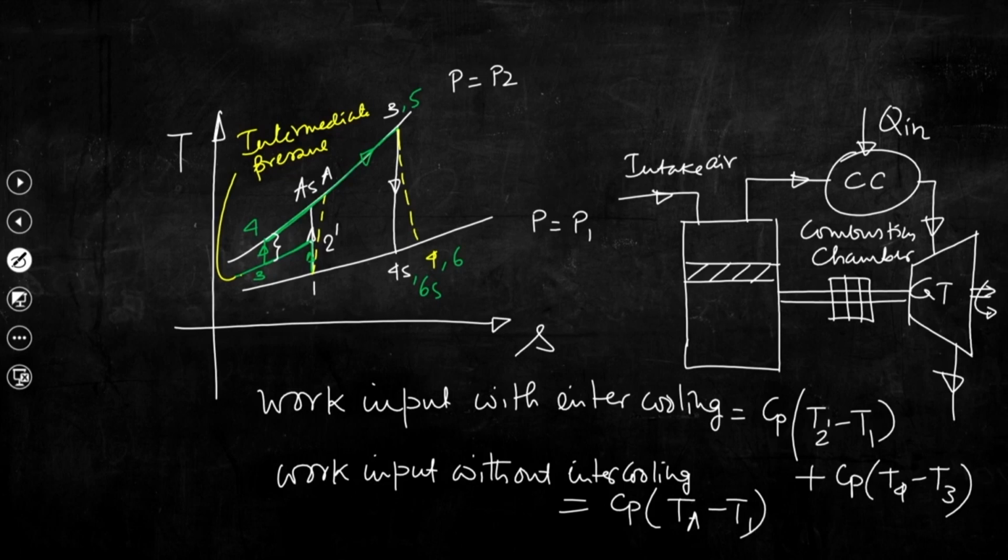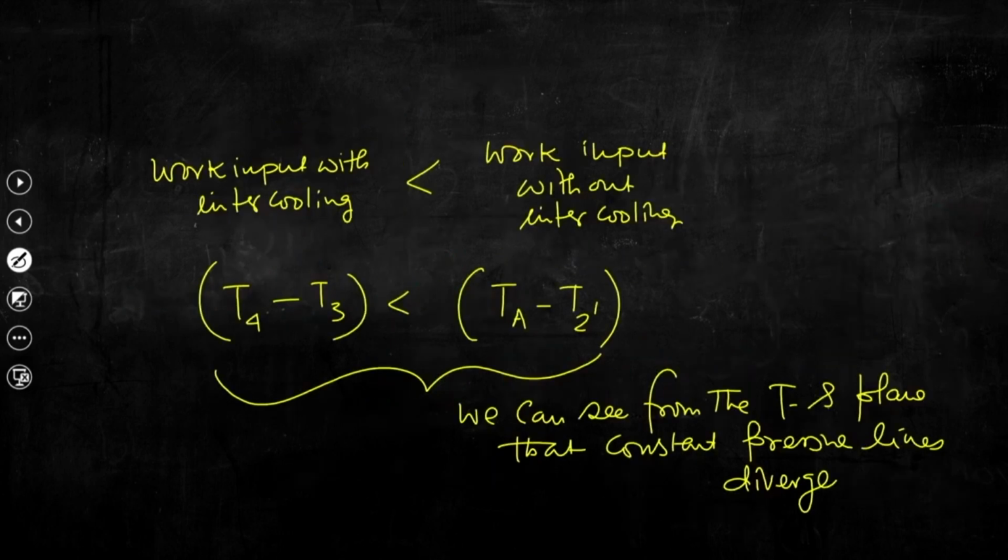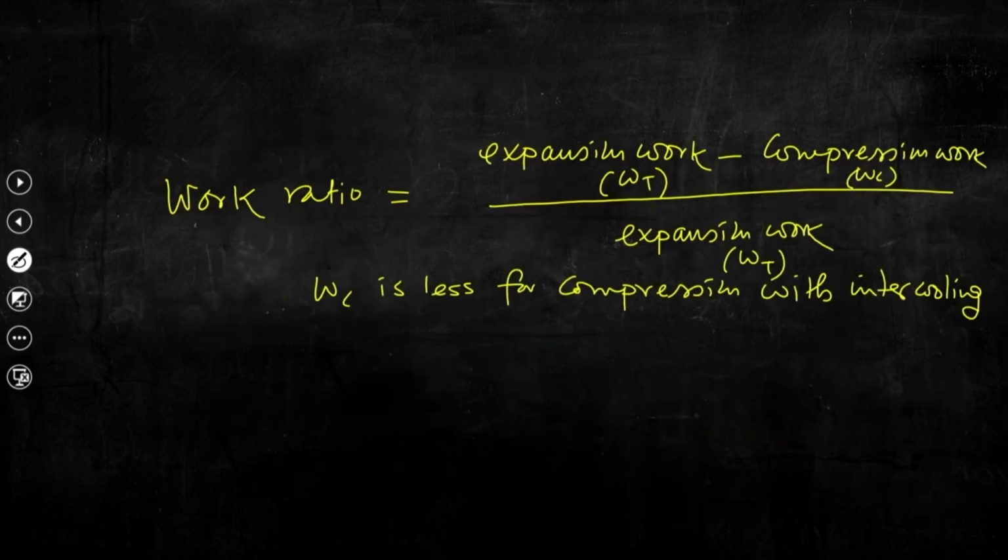So, this is very important, that when we are talking about multi-stage compression, pressure ratio in each stage should be equal. So, intermediate pressure will be selected in such a way that for a multi-stage compression pressure ratio in each stage should be equal. So, just I am writing that this P2 prime by P1 should be equal to P4 by P3.